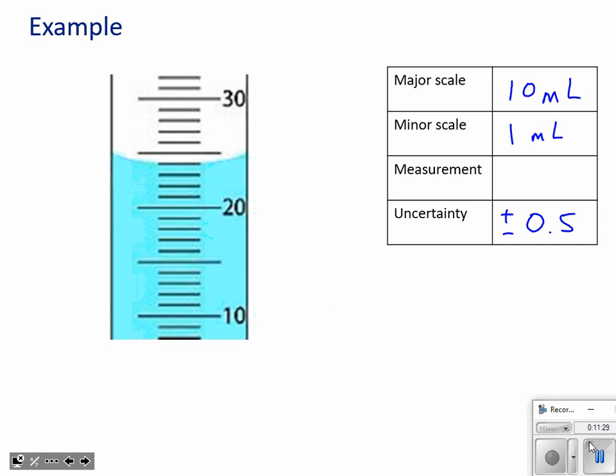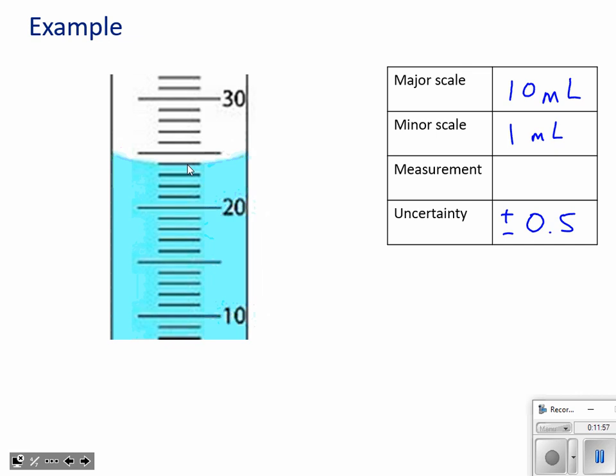Okay, make your measurement reading. I'll give you a second, and then we'll see if we fall into the range. All right, once again, at eye level, I'm reading the meniscus. So I see my meniscus is right here. Now, I look, and I say, okay, I have 20, I have 21, 22, 23.